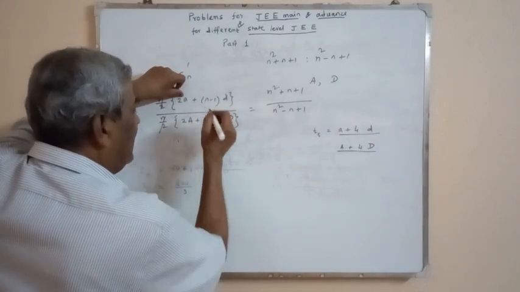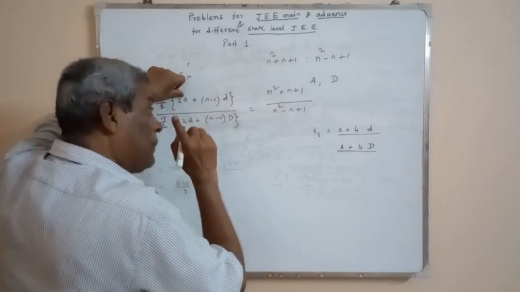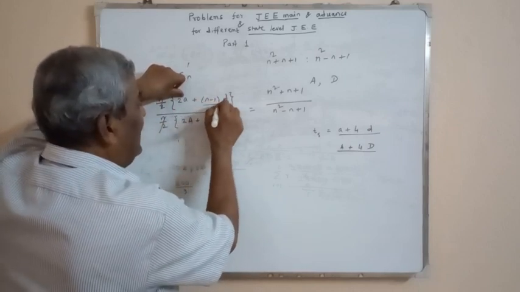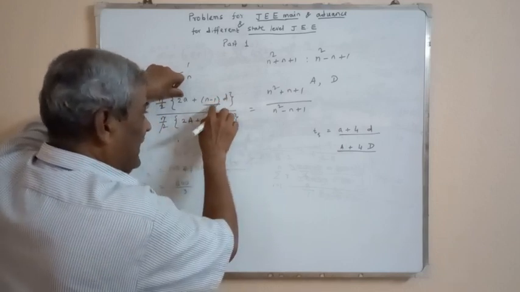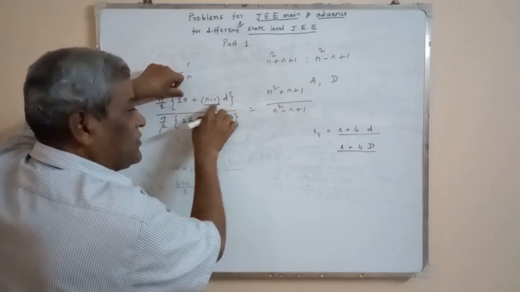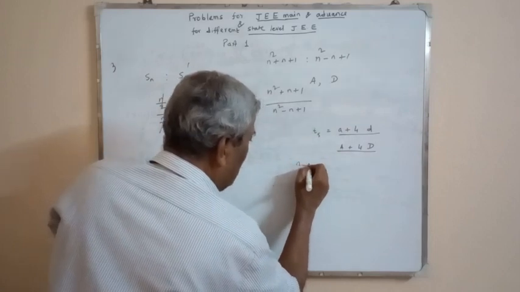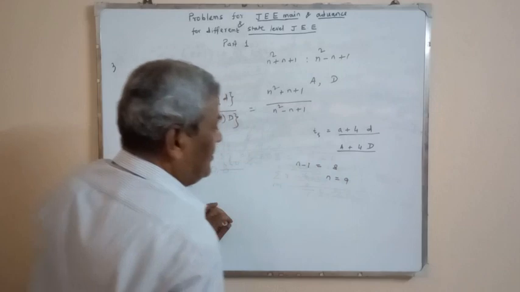If I can somehow, by using a particular value of n, make this 2a plus 8d, then 2 can be taken common, giving a plus 4d. For that purpose, take n minus 1 equal to 8, so that n is equal to 9.